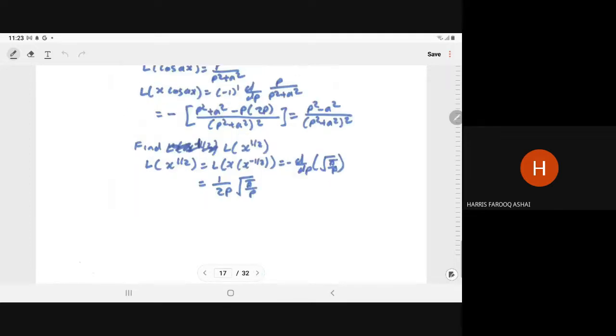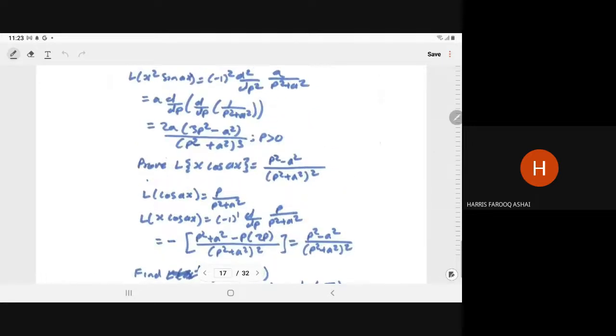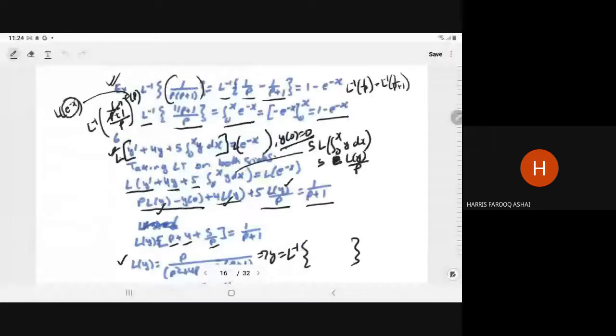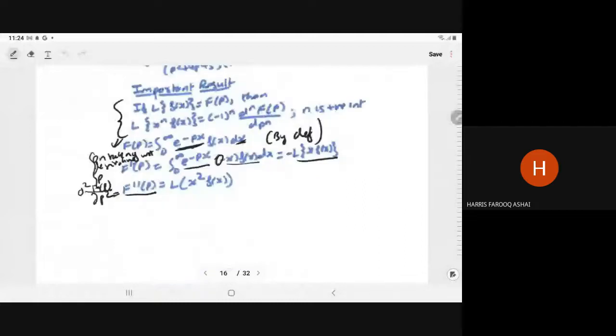Similarly, if you proceed for n, you can write the general formula: the nth derivative of F(p) is (-1)^n times L of x^n f(x).